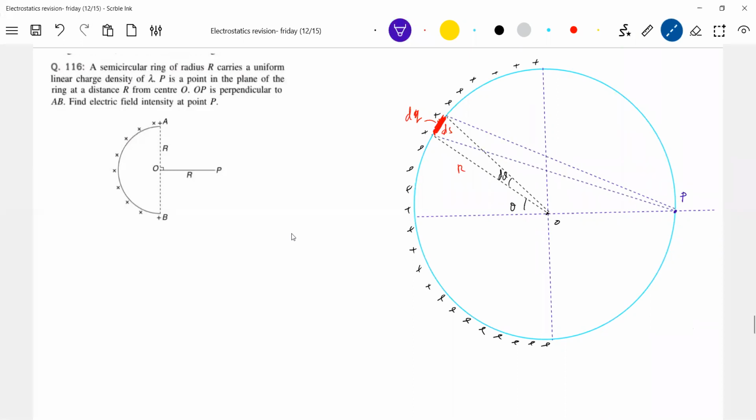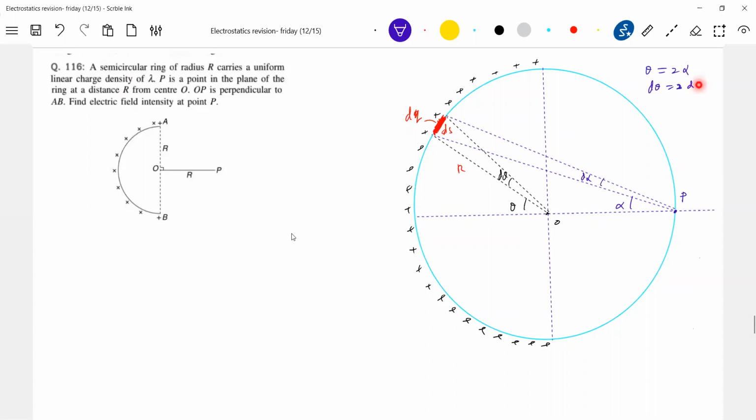We'll get the required answer. So this is theta. Let this be some alpha, d alpha, the angle subtended by it. Theta should be equal to 2 alpha from geometry. So d theta equal to 2 d alpha.